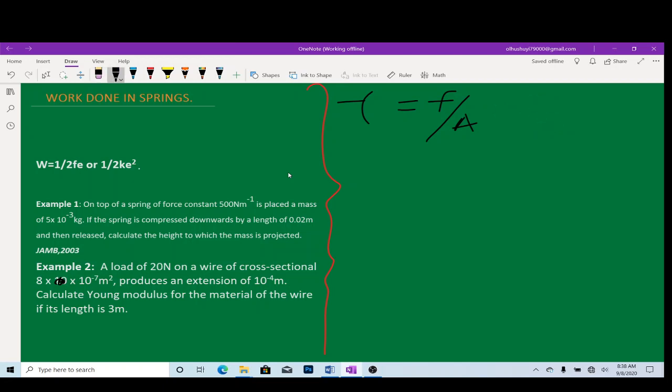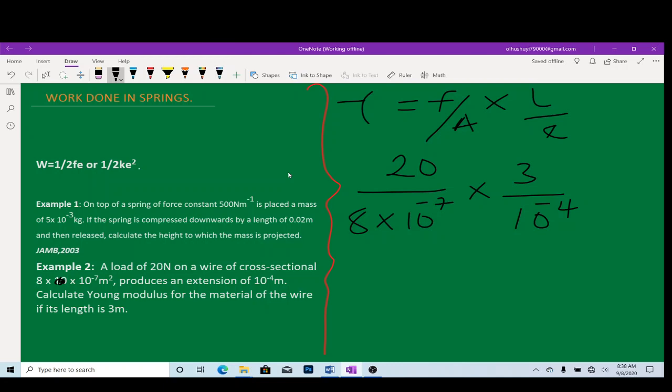So we have times length over extension. Our force here is 20. Our area is 8 times 10 to the power minus 7, times 3 upon the extension, which is 10 raised to the power minus 4.